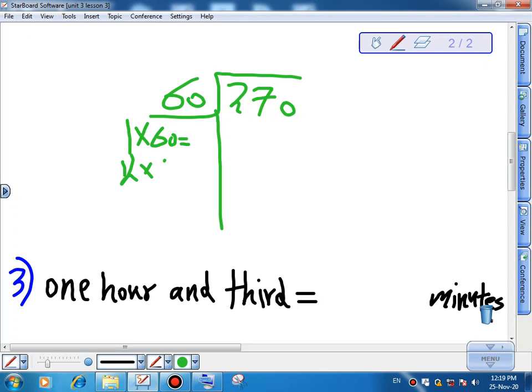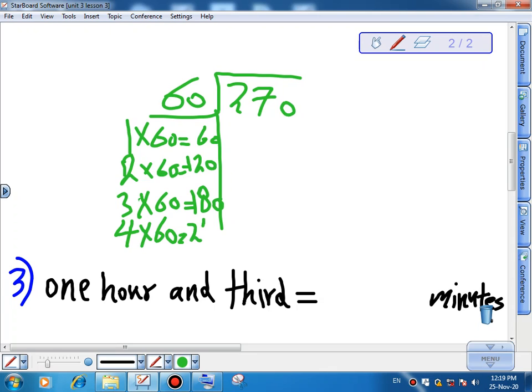It will be like this: 60, 120, 180, 4 equal 240, 5 equal 300. We will not choose 300 because it's greater than 270. We choose 240. Put 4 up in the quotient, which is the greatest units.